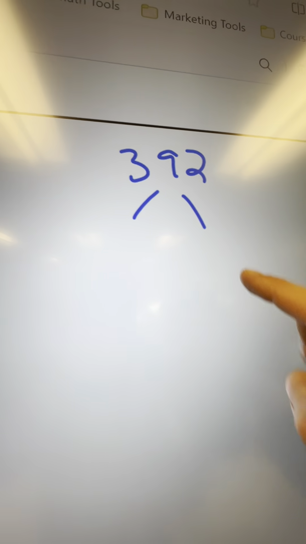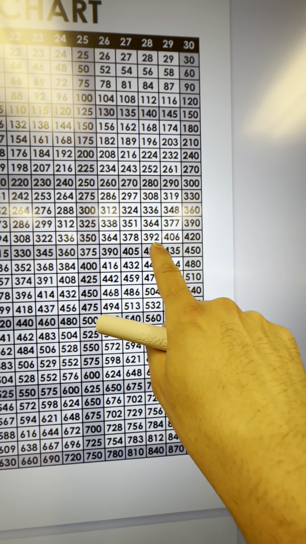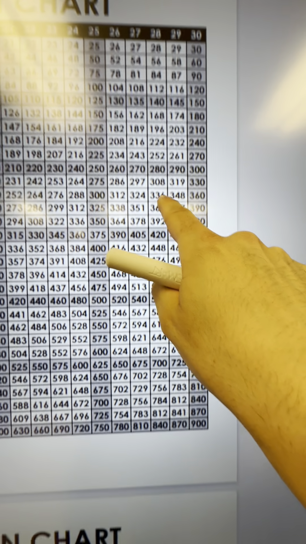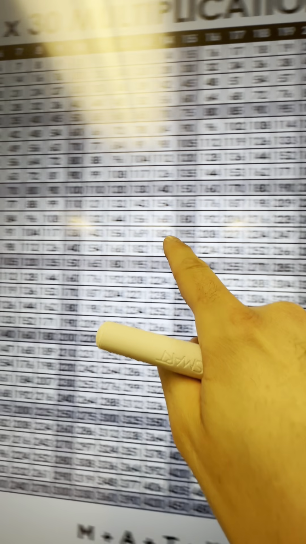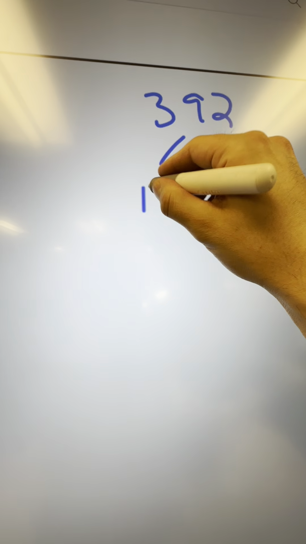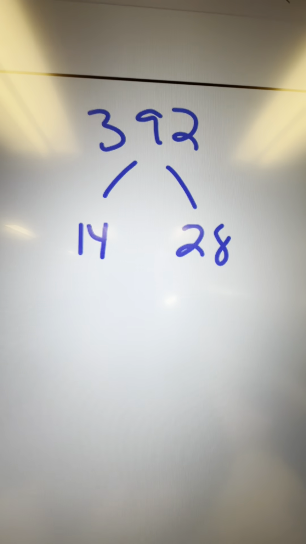Then my next number is 392. I'm going to look for 392, which I actually got lucky with. Here you go. 392 would be 28 again, and going this way would be 14. So 28 times 14. I'm going to put it in smallest to biggest order just to keep it simpler. So 14 times 28.